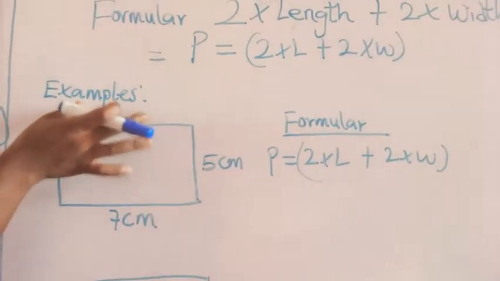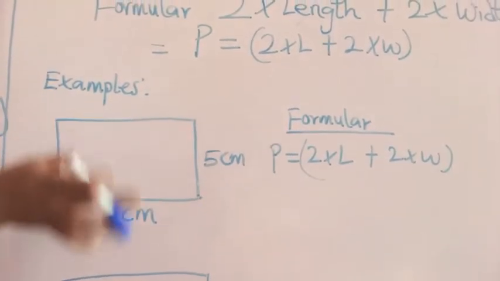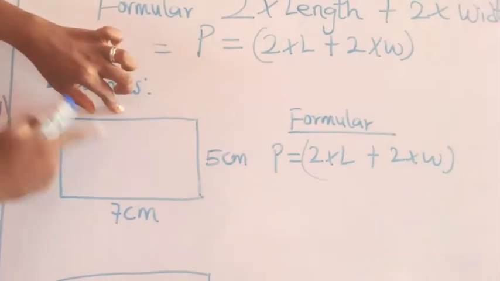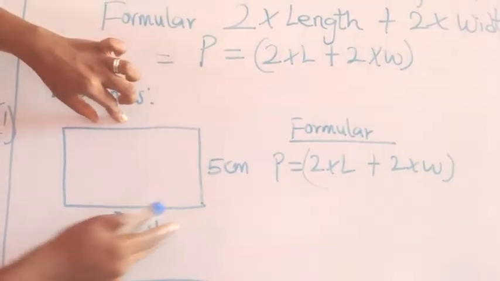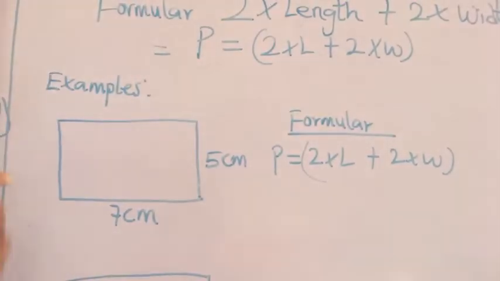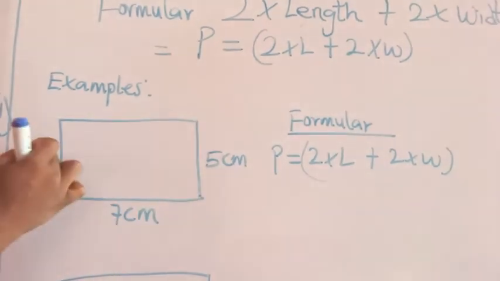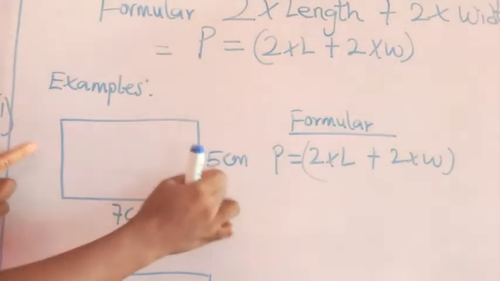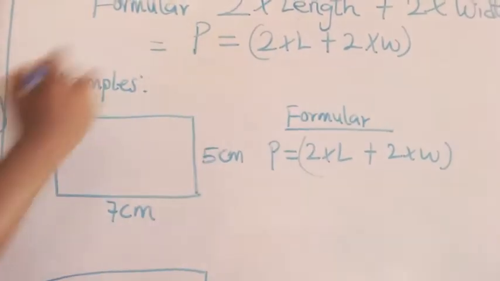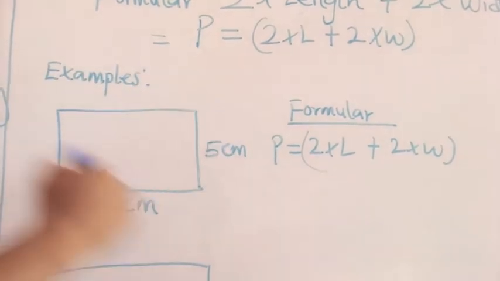Now, in this rectangle, if you look at this shape, these two opposite sides are equal. That is why they say 2 times length. This is our length. You bring the length into two places, plus these other sides are also equal. If you bring these two into two places, that is the perimeter of this whole shape, because we are looking for the whole distance around this shape.